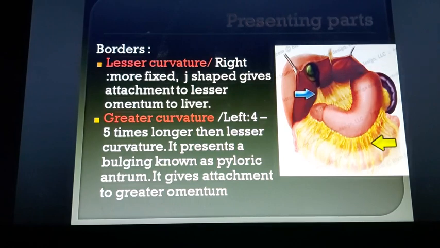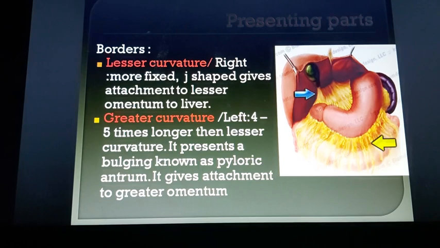Coming to the greater curvature, which is on the left side, 4 to 5 centimeters longer than the lesser curvature. It presents a bulging part that is called the pyloric antrum.